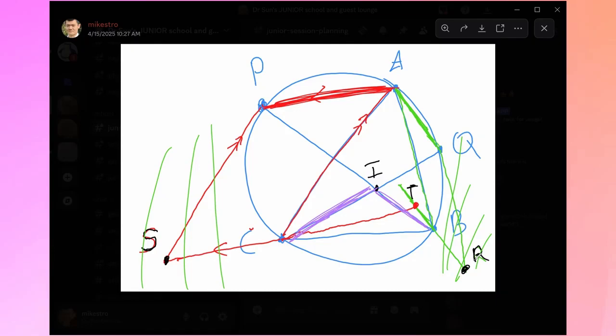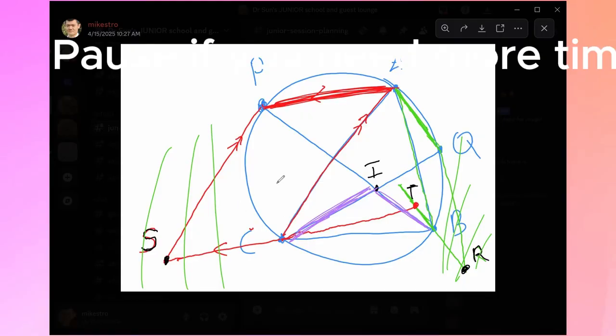CI and PA are not necessarily parallel. Okay, so I'll give you a moment to digest this. Try to draw a new diagram with just this simplified data and see what you get. I'll give you a few minutes.